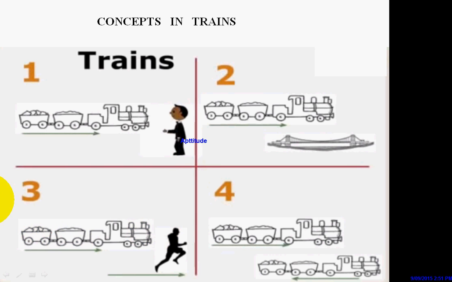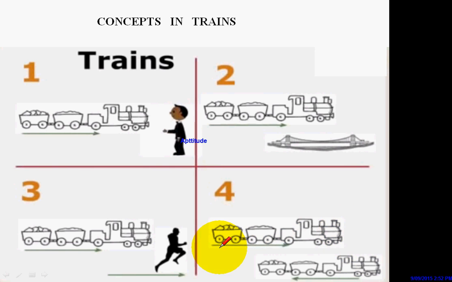So now we have two different speeds. The train will be traveling at one speed, say 50 km/h, whereas the man is traveling at another speed, say 10 km/h. So we have two different speeds here, and we have to calculate the relative speed. In such a way they can ask you a problem. And the fourth concept is, there are two trains, which may be moving either in the same direction, but in this diagram I have shown the two trains moving in the opposite direction.